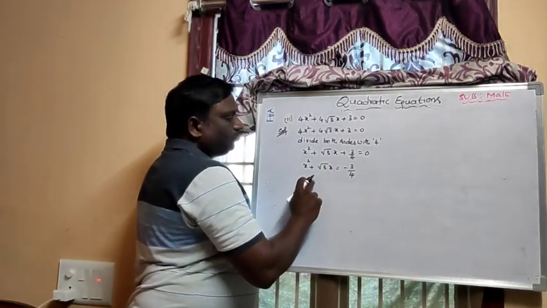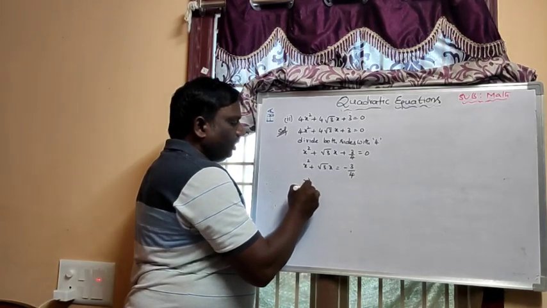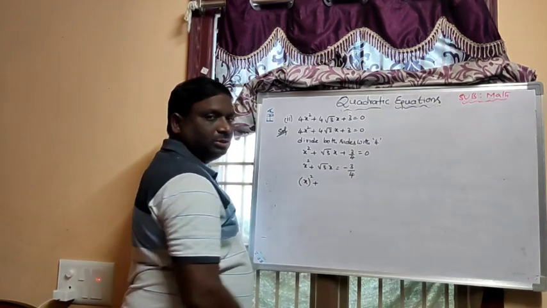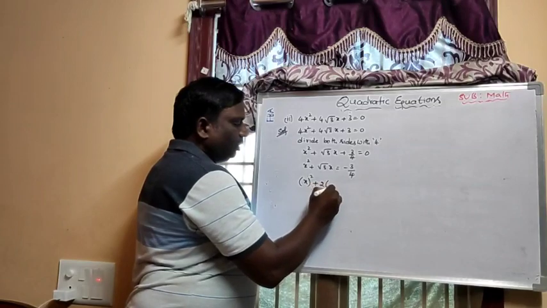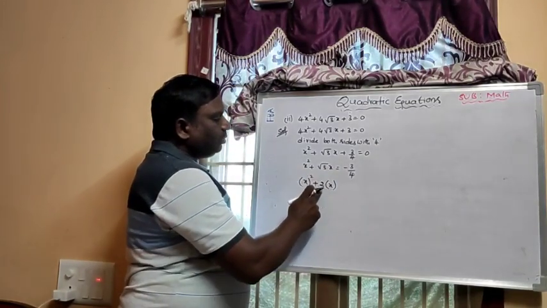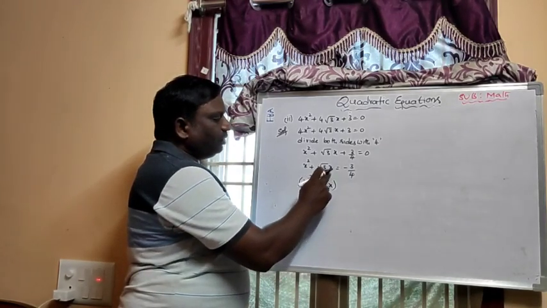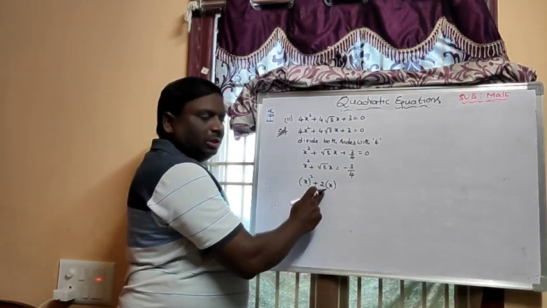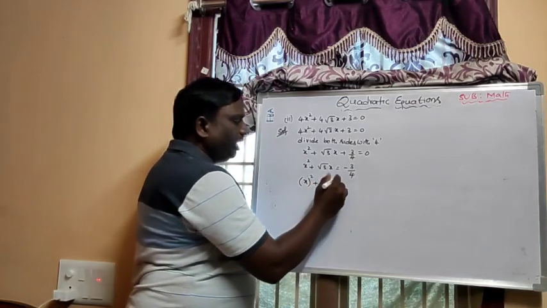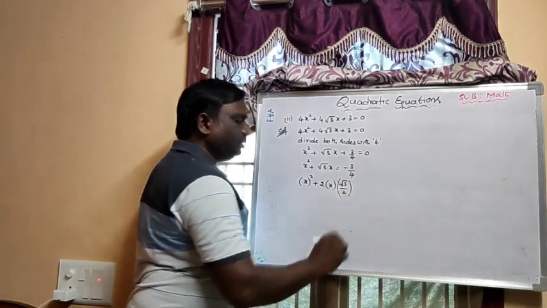So we need to take a and b here. We are deciding. So a square plus 2ab. To get b, what I said here, root 3x by 2x. When you take the division of root 3x by 2x, the x's cancel, you'll get root 3 by 2. I'm not doing the simplification because this is very easy.